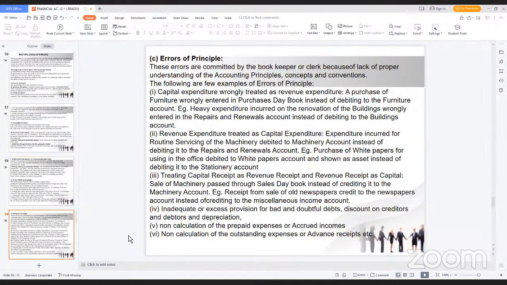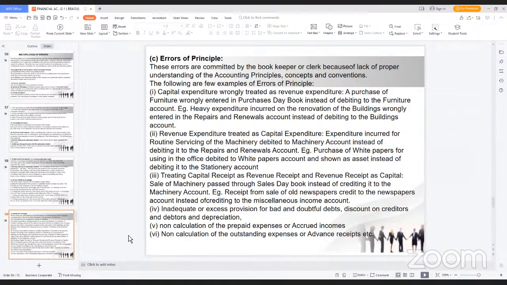Error of principle. These are all the things where accounting principle, concept, convention is violated. Capital expenditure wrongly treated as revenue: purchase of furniture wrongly entered in the purchase book instead of debiting the furniture account.